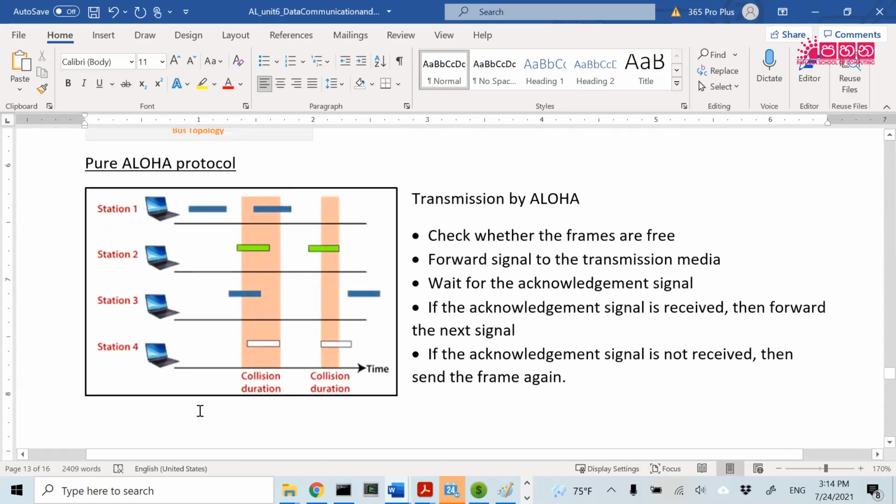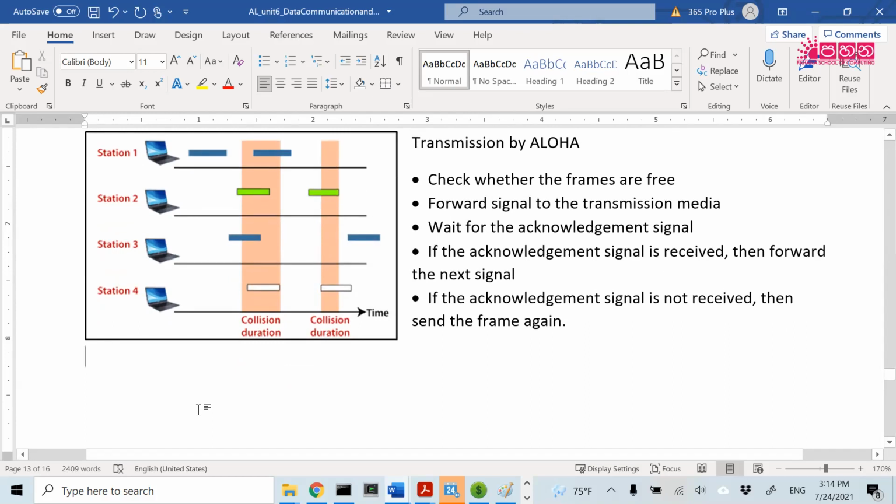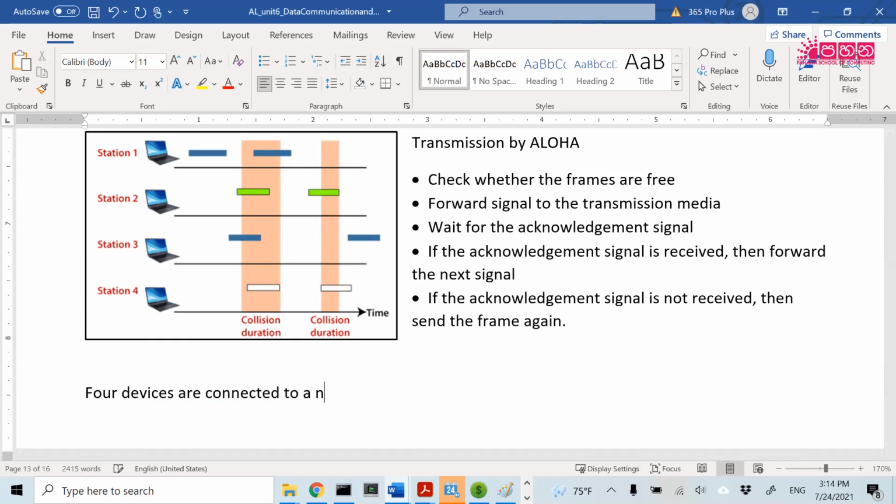Maybe we will describe the feature. Four devices are connected to the network shown in the above diagram.